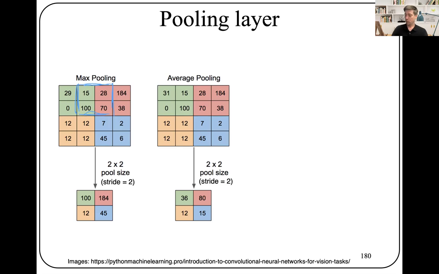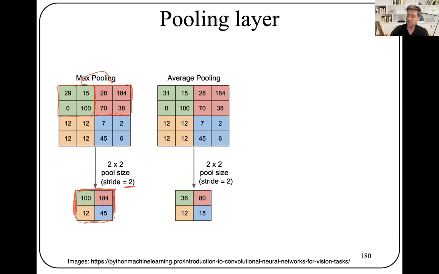But in the case of a pooling, we want to have the output which has a smaller resolution than the input. So what we're going to do is shift our window in such a way that the two windows are not overlapping. And this corresponds to doing a stride.